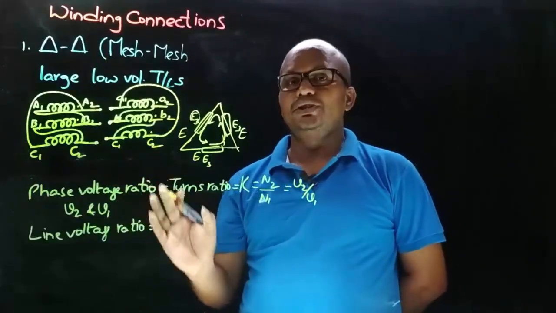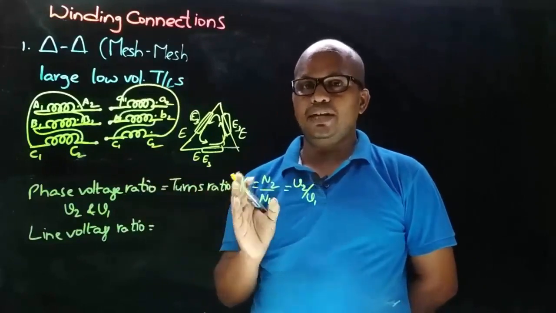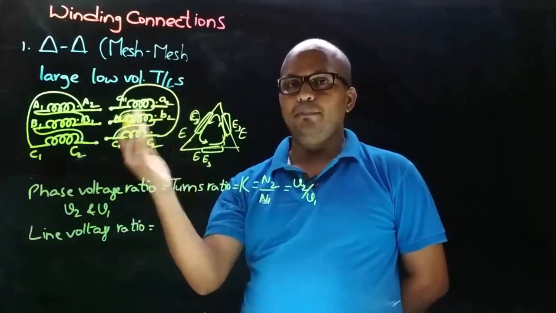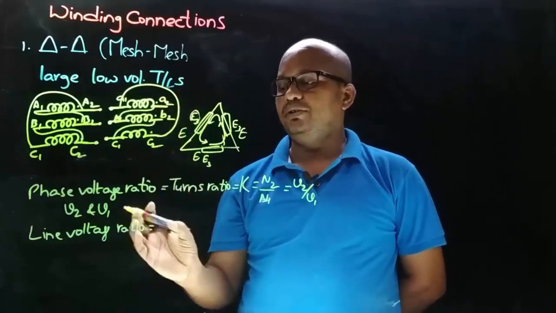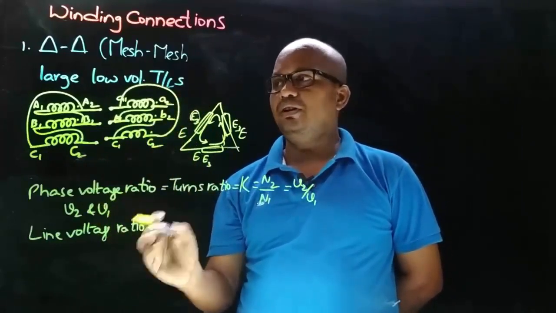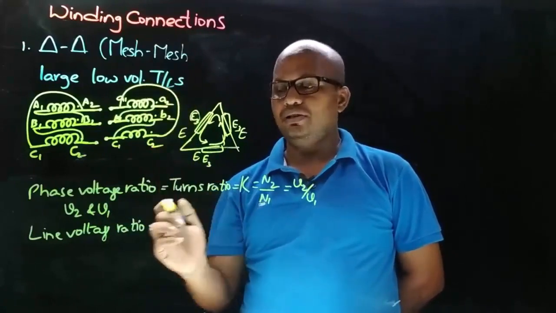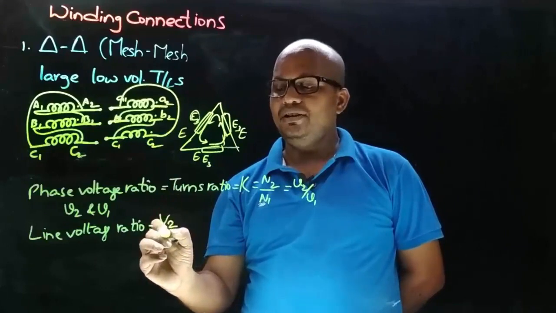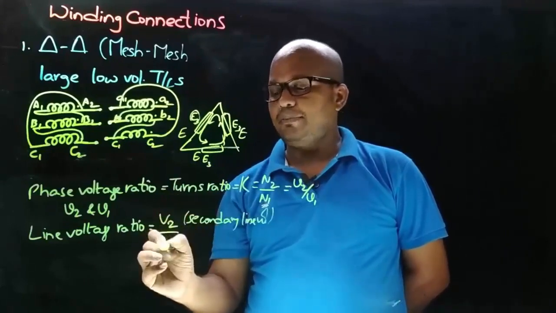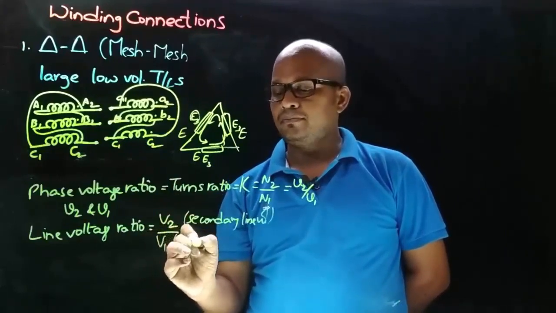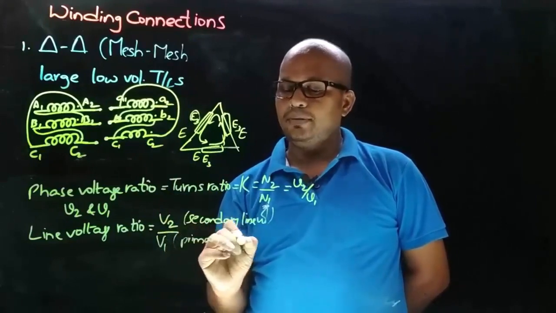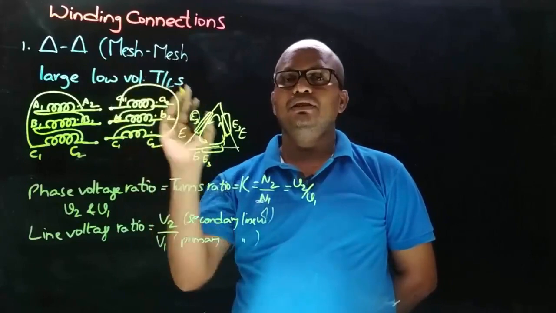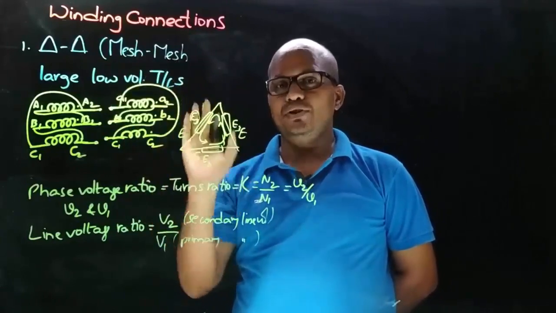But coming to the line voltage ratio, can that be taken as equal to K or not? That depends on the type of connection employed. So now let's find out the line voltage ratio for delta-delta connection. Let capital V2 be the secondary side line voltage and capital V1 be the primary side line voltage, and we know that in delta connection line voltage is equal to phase voltage.